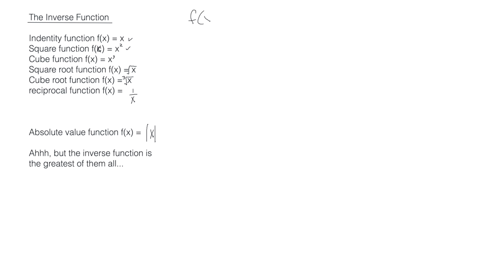f of x equals x minus 2 squared. The inverse function, I will substitute y for the f of x. Then I'll switch my x and y positions. Then I'll solve for y. Since I have y minus 2 squared, I'm going to do the opposite of squaring, which is the square root.